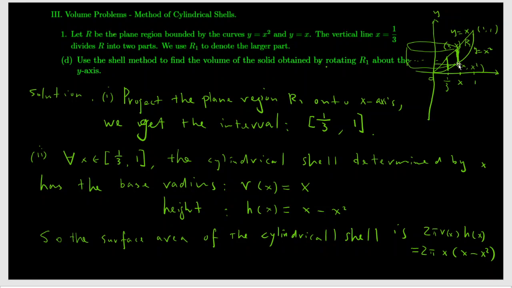I'm going to repeat. Listen to my point. The following point is trying to show you why the formula is true. I will start over. You have a plane region R1. You treat R1 to be formed by many little vertical line segments. That's one point. Every little line segment will determine a cylinder. You rotate the little line segment, you have a cylinder.